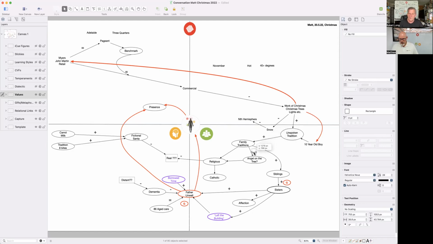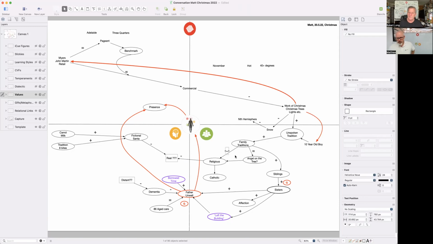The angel on the tree, I'm going to give an equals value, because in a sense that is a neutral comment. It's just something you do. But when we talk about it having a religious outcome, I put a negative on that because I'm interpreting that family tradition in a negative way. It could actually be a plus for you, right? Yeah, it could be a plus.